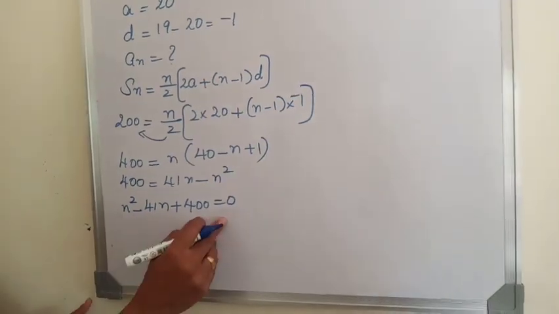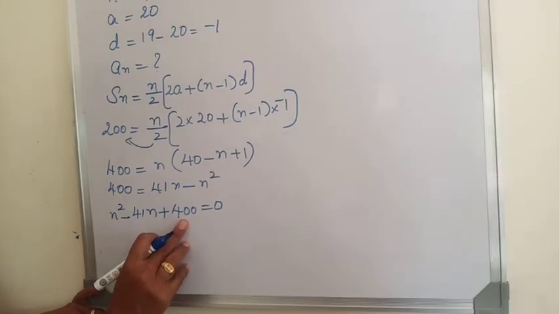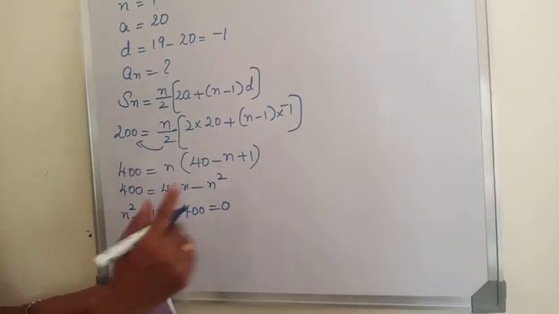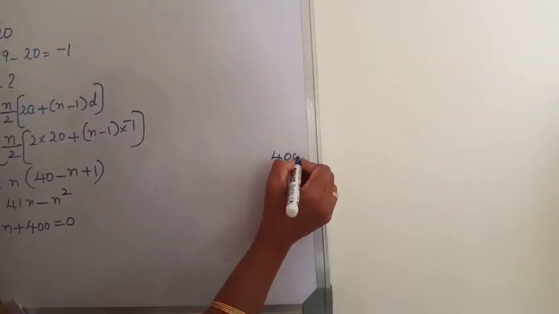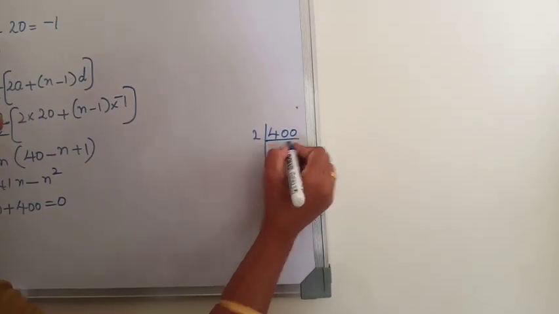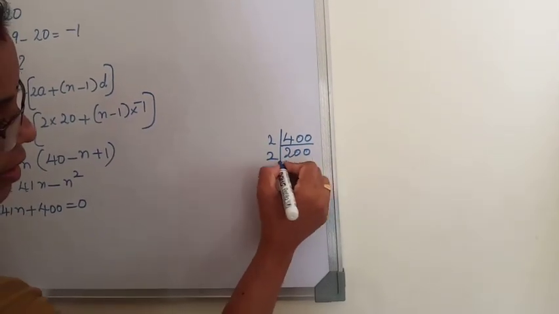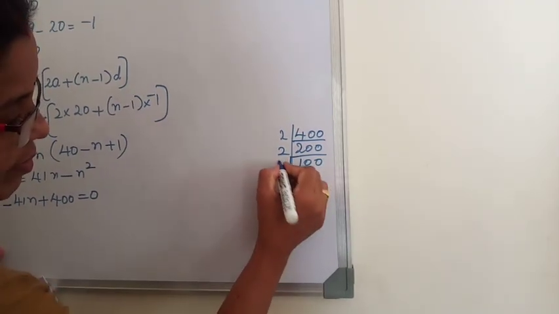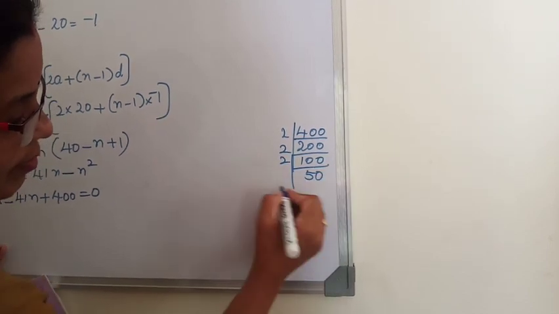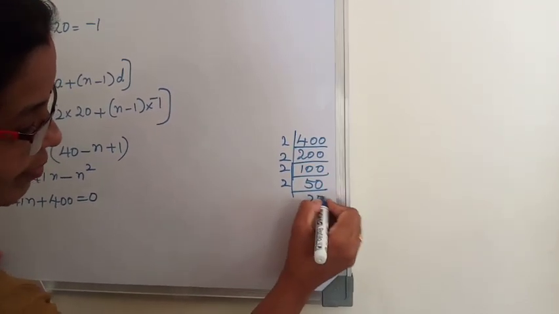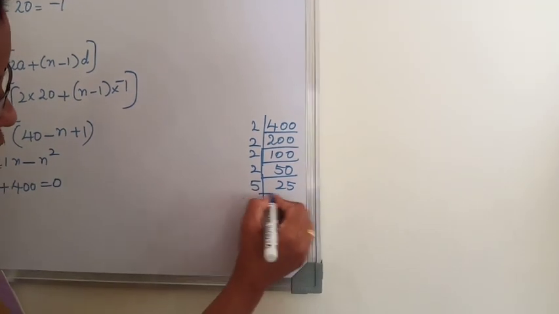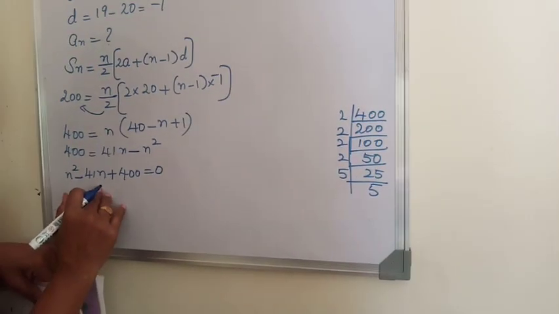Again we got a quadratic equation. Product is 400 and sum is 41. So we have to factorize 400. 400 is 200, again 100, 50, 25, 5 fives are 25. We have to get 41.